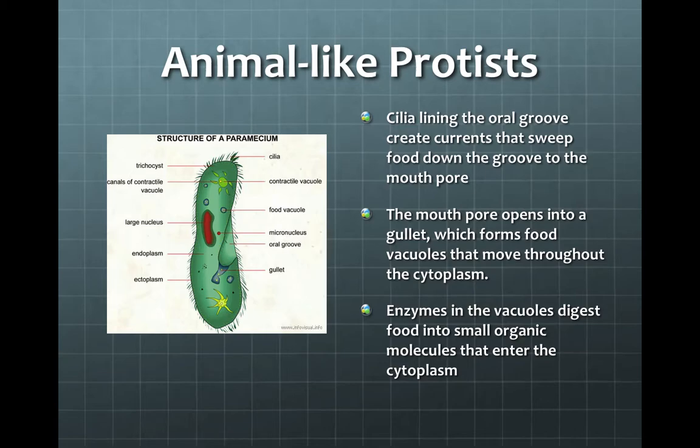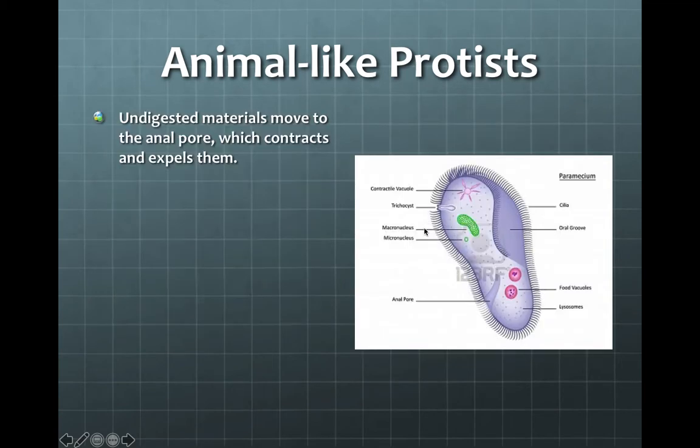The trichocyst is not an outer shell, but it's for defense. The undigested materials move to the anal pore, which contracts and expels them. So basically, this was how they eat. They go through the oral groove into the gullet, and then out the anal pore.